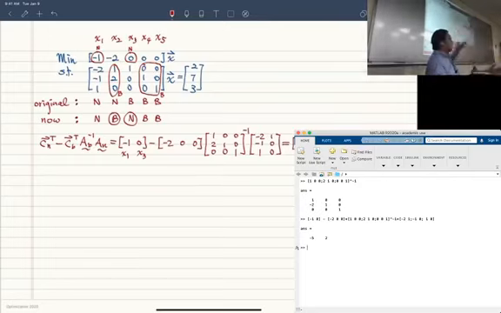So what do we choose right now? The most negative one. And there's only one negative one, which is this one. And what does it represent? X1. So this means X1 should be converted from non-basic to basic.